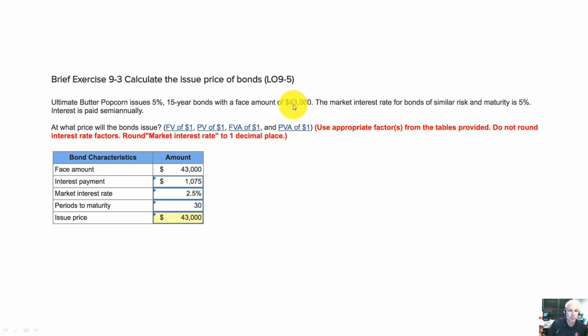So we know that the face amount is 43,000. The interest payment is 1,075. How do we get that number? Right? So get out your calculators. Don't be afraid to calculate things.